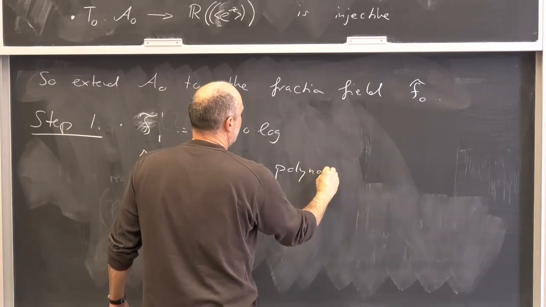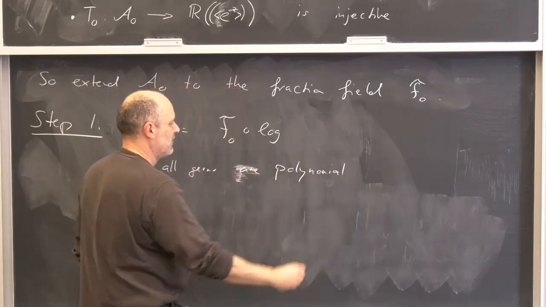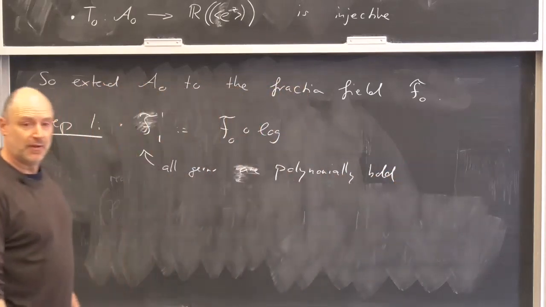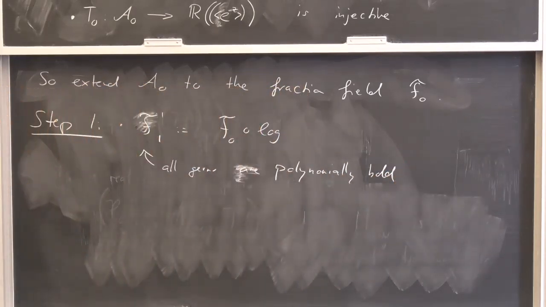Still a field, right? When you plug something in on the right, you don't change that. Now the asymptotic expansions are just generalized power series, or Laurent series if you want.